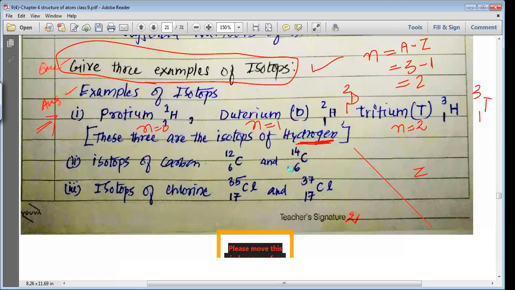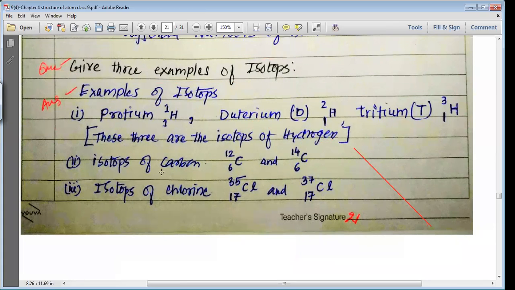Next example, my dear students, we study the isotopes of carbon. You can see that we have two examples, 6C12 and 6C14. Even for these, if we write the number of neutrons, which is A minus Z, for carbon 6C12 we can write it as 12 minus 6, which is equal to 6.